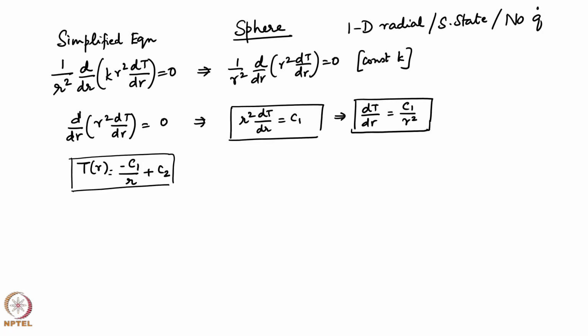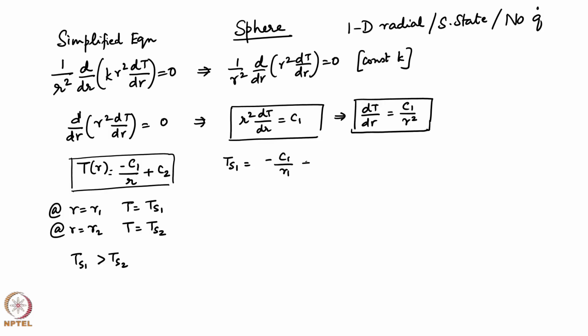Of course, you have two boundary conditions just like before. At r equal to r1, T is equal to Ts1, and at r equal to r2, T is equal to Ts2, with Ts1 greater than Ts2. When I put these two together and do the maths, you will get Ts1 is equal to minus C1 by R1 plus C2, Ts2 is equal to minus C1 by R2 plus C2.